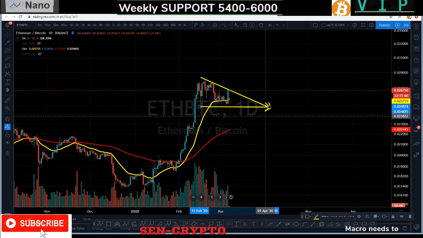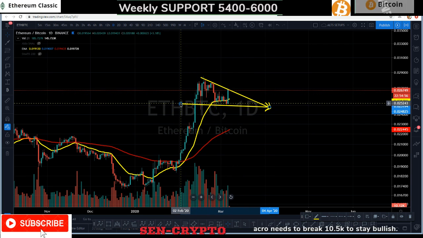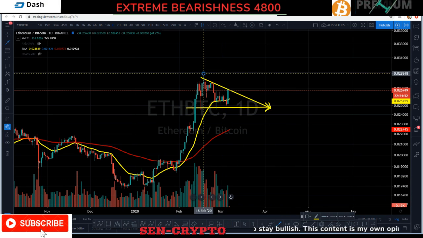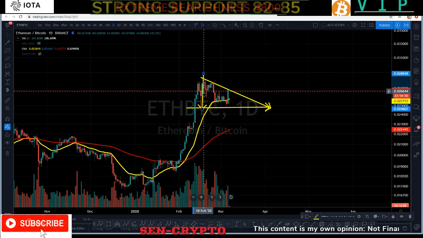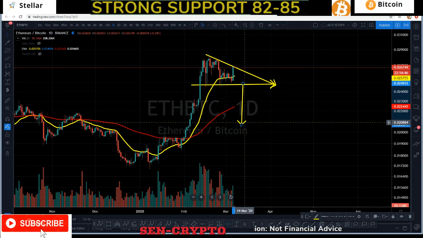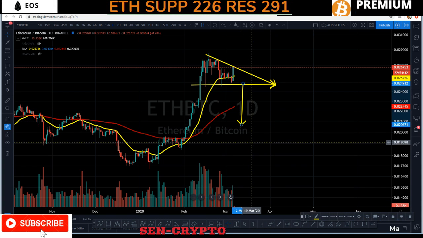But we have to break this area because we're getting a descending triangle, and we definitely do not want to play with this descending triangle. Like I said, a 50% pullback or 0.618, we can definitely retest it if we get this descending triangle, which is just about 0.02.